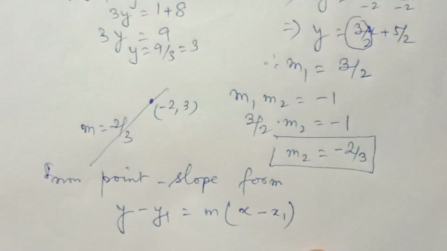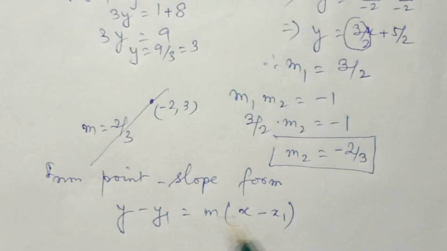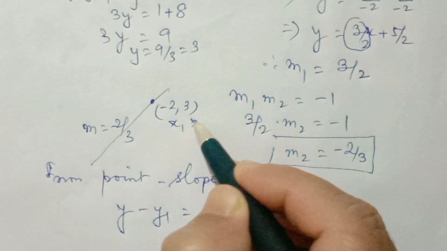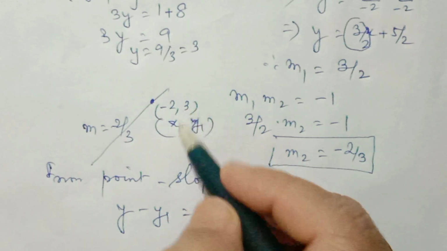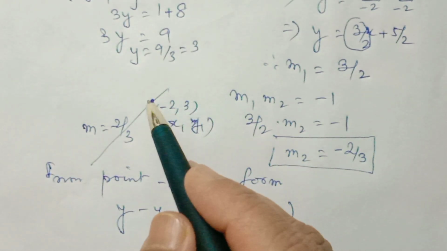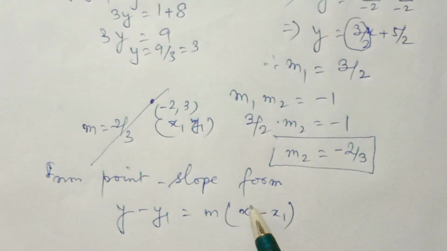Here x1 and y1 are the coordinates of the point through which the line passes. So we have x1, y1 and we have m.